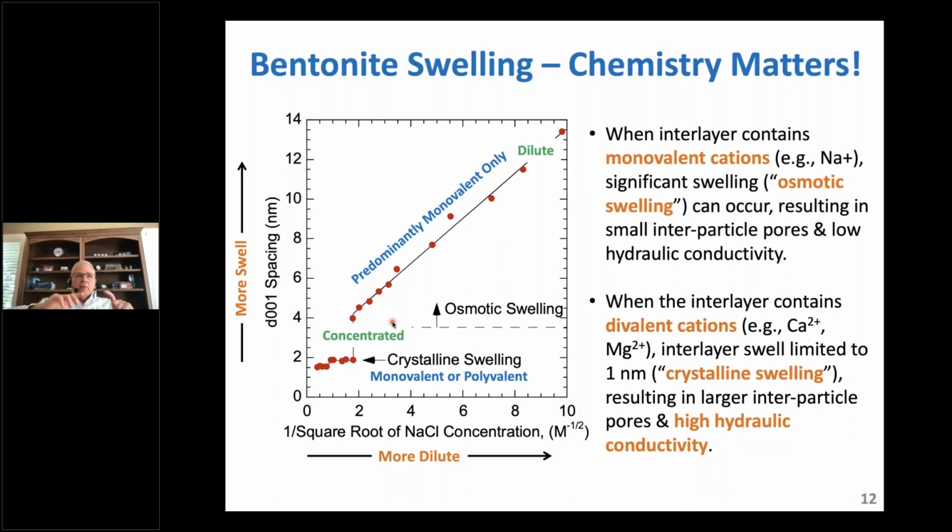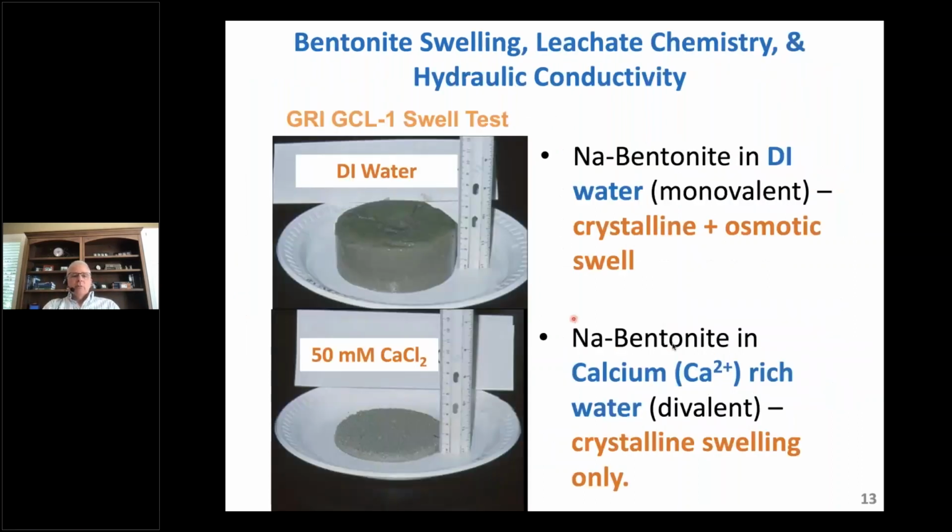On the other hand, if it was predominantly calcium or magnesium, a divalent cation, or even a polyvalent cation, like some aluminum oxides or other types of trivalent ions, we would only get crystalline swelling, and that osmotic swelling, that greasy feel for bentonite, didn't even occur. I'll show you some photographs that illustrate that really nicely. So a couple of things: concentration matters and valence state matters, and we'll see that as we go through.